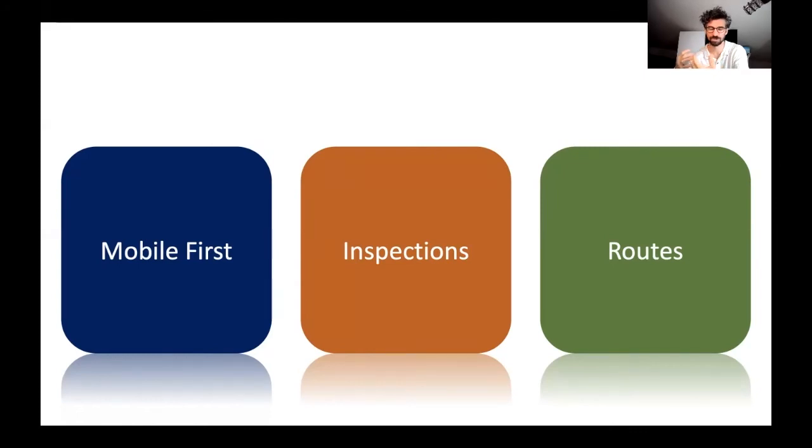They don't necessarily embed it into a more robust, more complex application. They just use inspections standalone. But for the purposes of Field Service 2.0, we decided to put the inspections solution into the product package so that the application can be expanded or enriched with these new types of forms that allow for quick and rapid data collection. And the third component is routes.